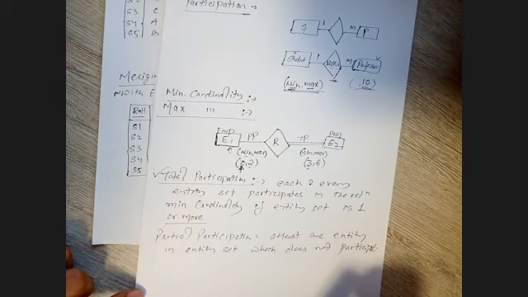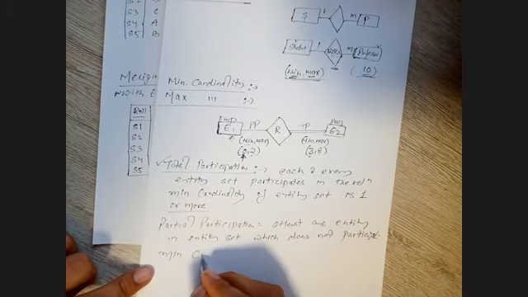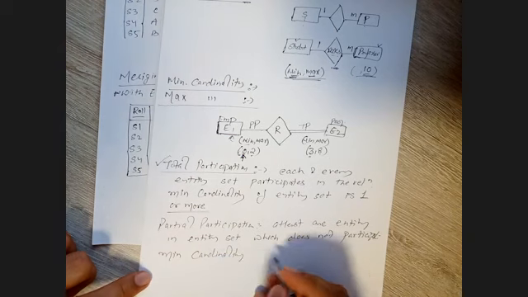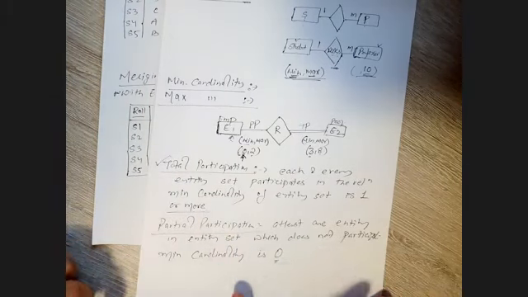In other words, the minimum cardinality of the entity set is zero. When you say zero, it is partial participation here.